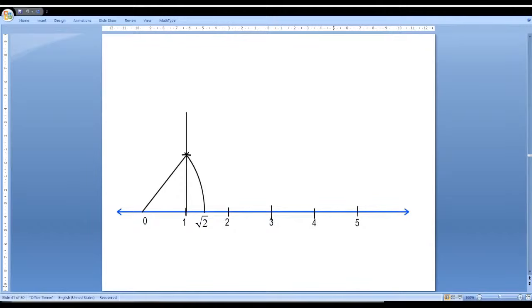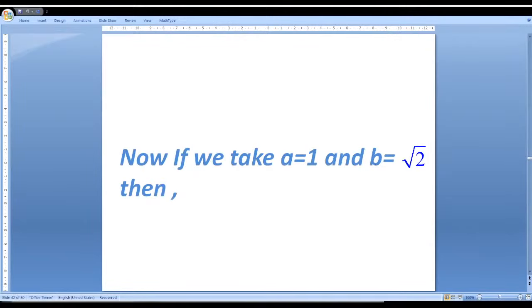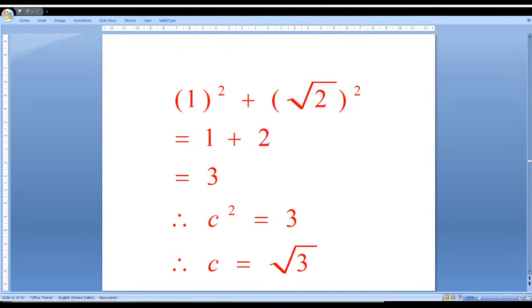Now if we take a is equal to 1 and b is equal to root 2, then 1 square plus root 2 square is equal to 1 plus 2 is equal to 3, and therefore c square is equal to 3, therefore c is equal to root 3.